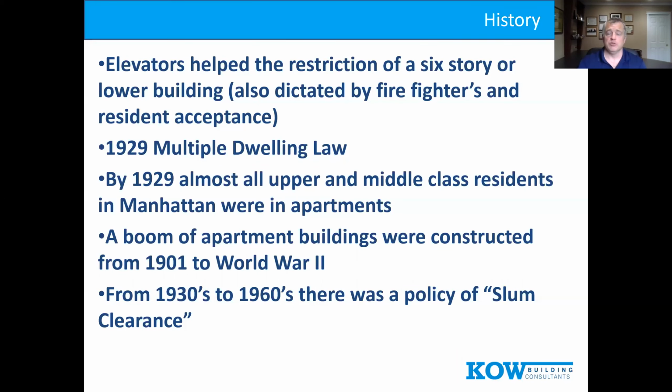1929, multiple dwelling law. Okay, by this point, almost all upper and middle class residents in Manhattan were in apartments. Multiple dwelling law put in some safety features regarding how and where we built and occupied apartments. And then, of course, we have a boom of apartment buildings, which really started after 1900 and continued to World War II.